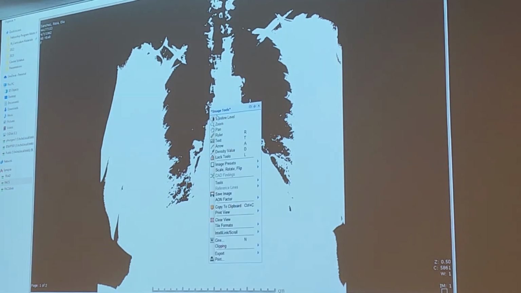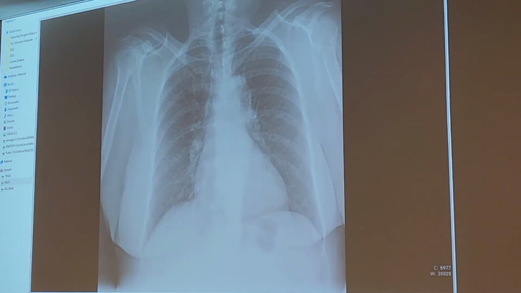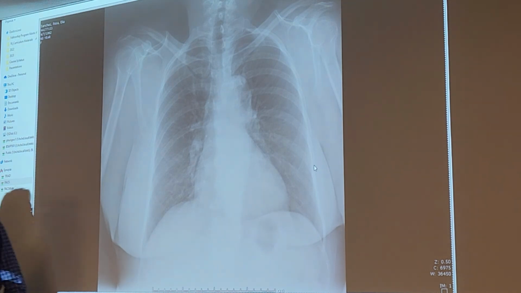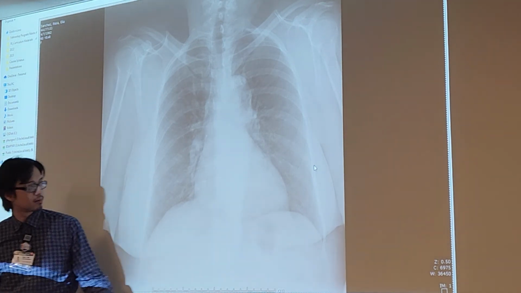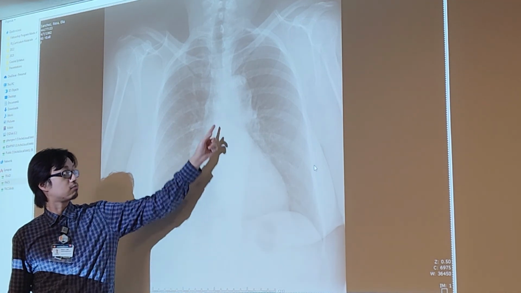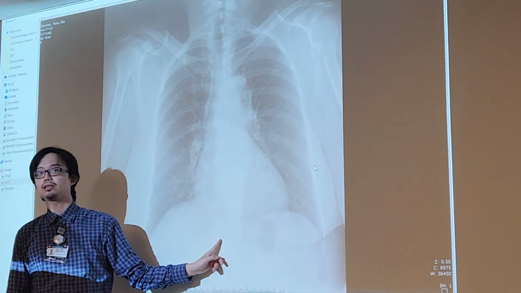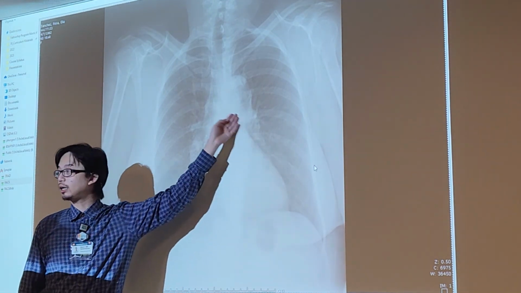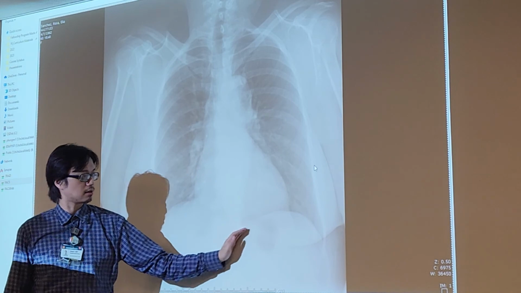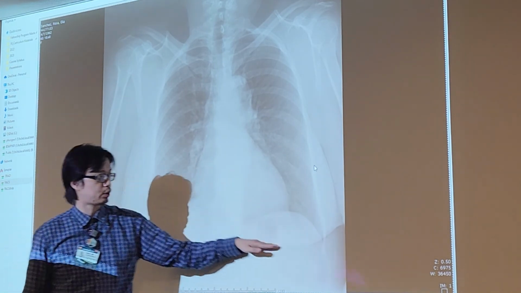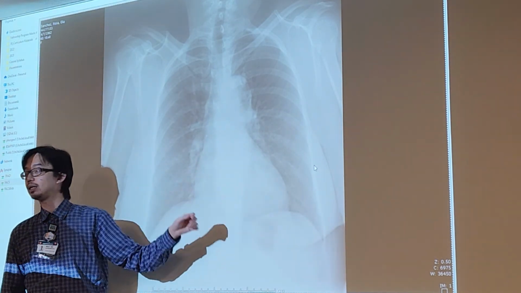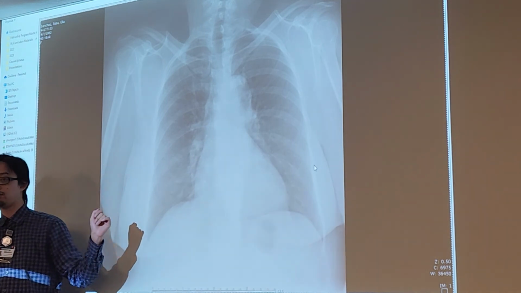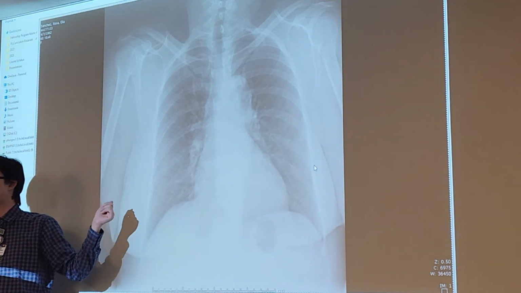Okay? If we take this to the other extreme, now it's a lot easier to see the spine. We can see the heart shadow now. We can see across different angles. We can even see breast tissue right here. So we can see all of this different tissue now because we have different shades of gray to work with.